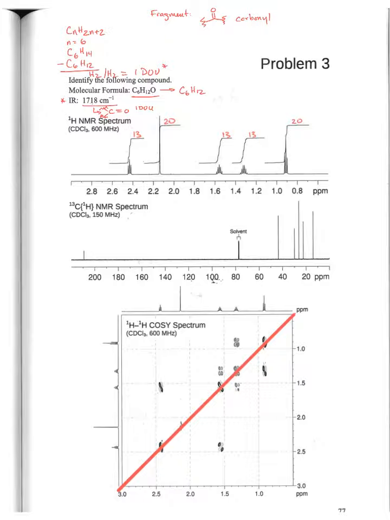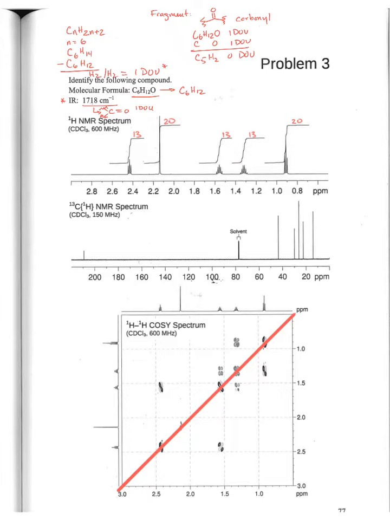And so what is a carbonyl group? It is CO. So what we can do now is take our given molecular formula, C6H12O, that had 1 degree of unsaturation. We're going to subtract out what we know, and that's the carbonyl group, to end up with C5H12 that has no degrees of unsaturation.